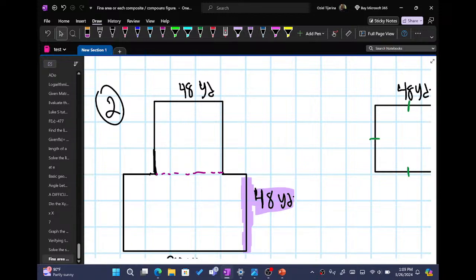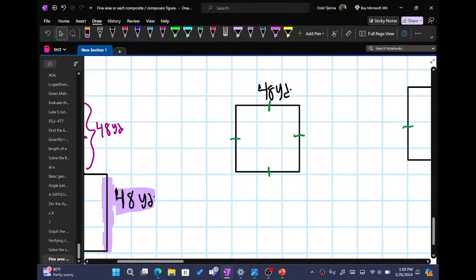And so what this means is the bottom is also 48 yards. Now, oh, I'm sorry. Let's not do that. The side is also 48 yards. So this side is 48 yards.